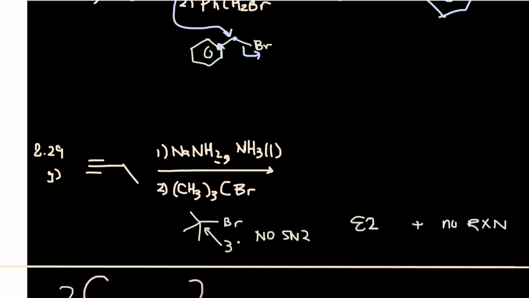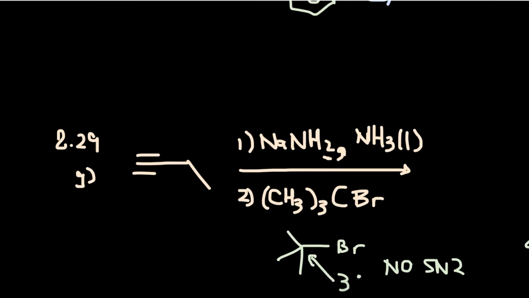Okay, and then for this next problem, this will make this negative, and then this will be a tertiary alkyl halide, which is not a good substrate for SN2 reaction. So that means we cannot just copy paste this little bit on this lone pair.